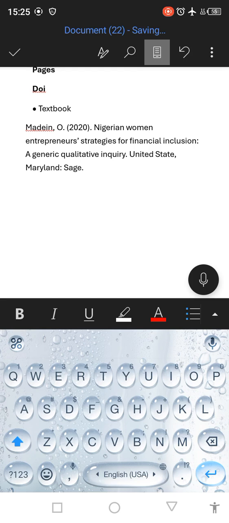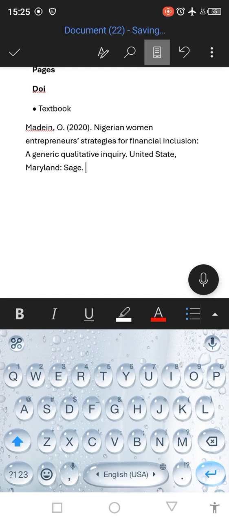Now, assuming it is a textbook that you have in print from your library or from a bookstore on your bookshelf, then there is often an additional information that is called edition.